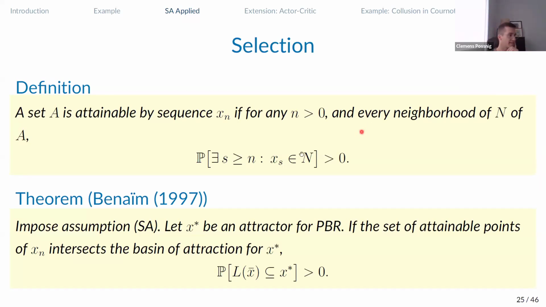So the next result is that under our stochastic approximation assumption, if you have an attractor of the ODE, which is an ICT set, as we know, then if the set of attainable points of your process intersects the basin of attraction of the attractor, we can conclude that with positive probability, the limit of the asymptotic pseudo-trajectory will find this attractor. So under attainability, attractors will be learned with positive probability.